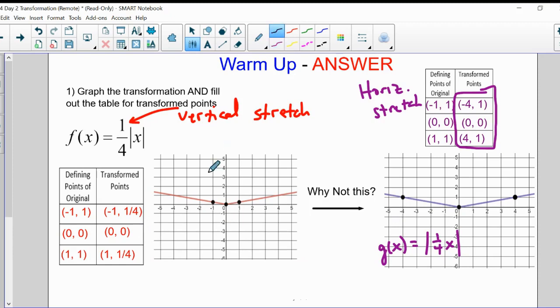So on the initial graph, that looks something like this. I didn't draw that very well, but on the initial graph, this point gets moved down, this point gets moved down, (3, 3) gets moved down.